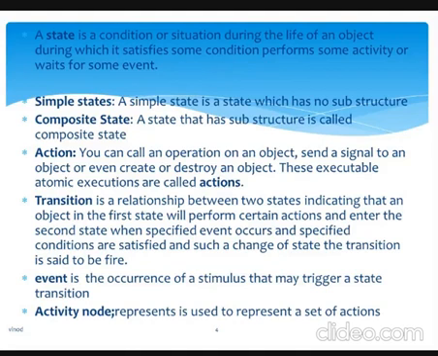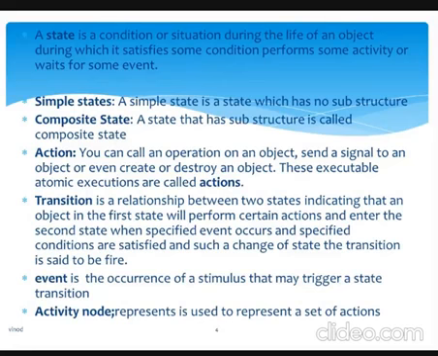Action means atomic execution. Anything is an action, like calling an operation is an action, sending a signal is an action, creating an object is an action, destroying an object is an action. These are atomic executions, which means independent executions, which means no other event interrupts when an action is performed.